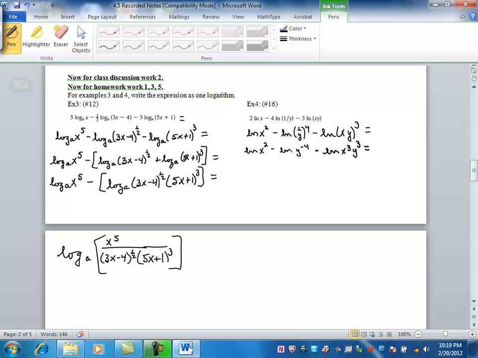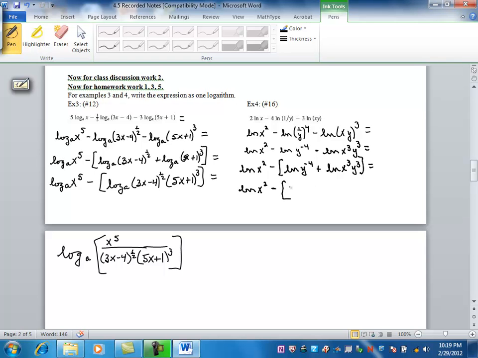Now again, you say, well, we've got two minuses here. Never fear. We can factor a negative out. This becomes the natural log of y to the negative 4 plus the natural log of x cubed y cubed. Now you might notice that we've got the sum of the logs.